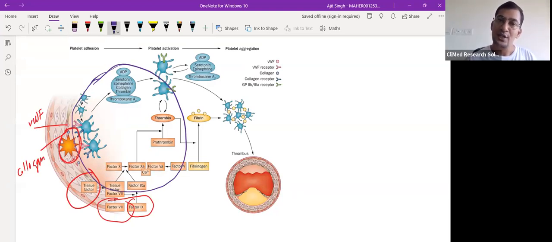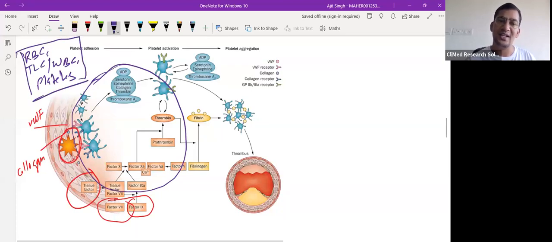What components does the blood already have, guys? Can you please tell me? RBCs, WBCs, and platelets, right? These are the major components, and then heme and multiple other things are there, but these are the major elements of your blood.